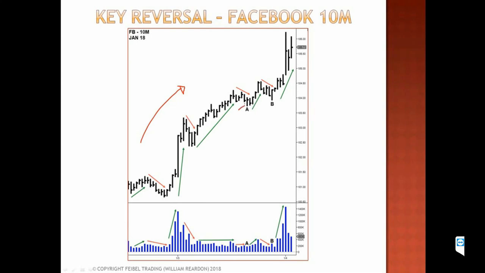And A is a key reversal bar, clearly. We do doubt, but look, from the test, we push on higher with increasing volume. So it's successful, no question about that. But then B, we can take the trade.